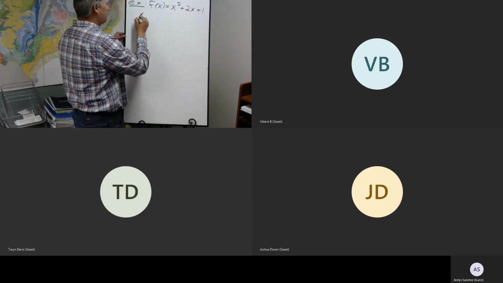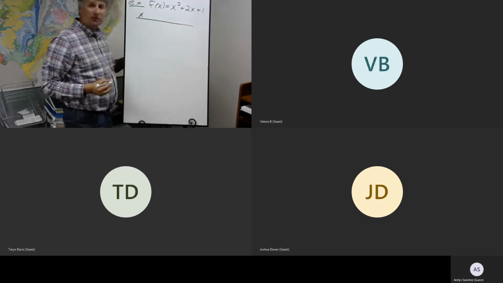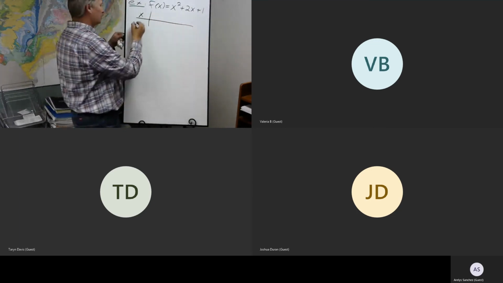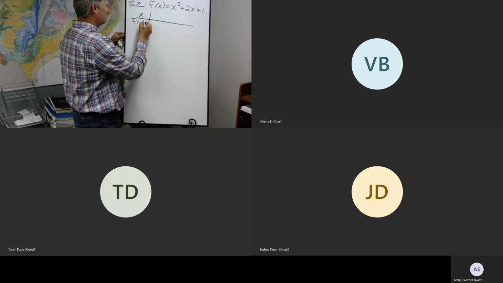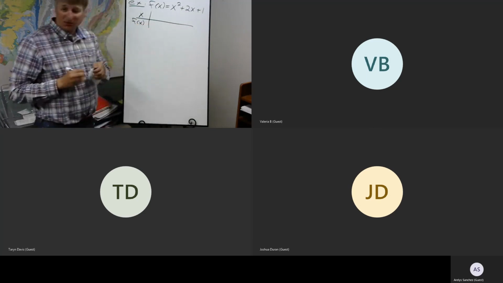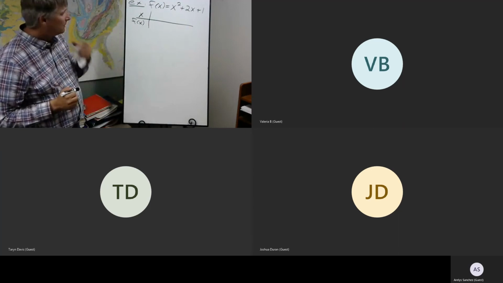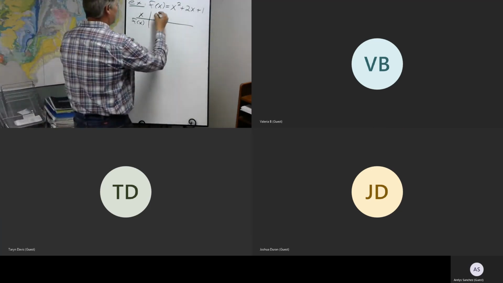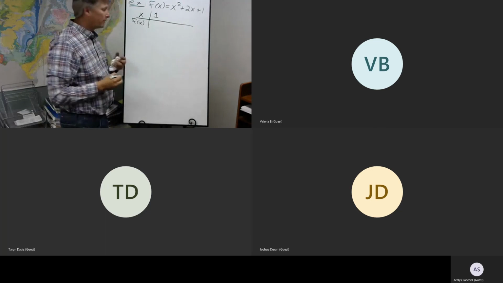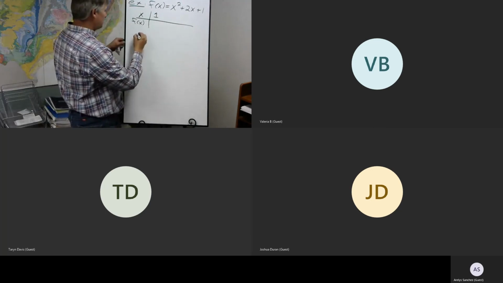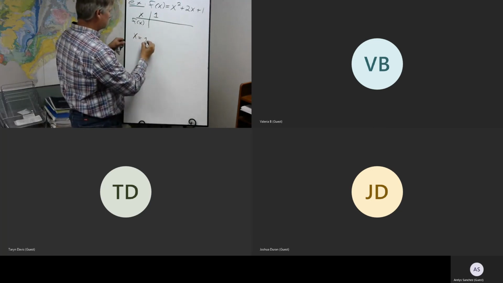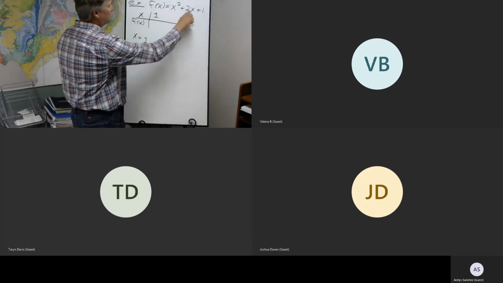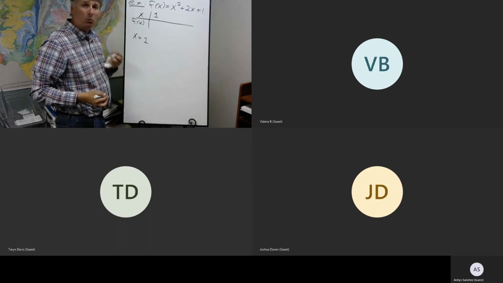And I want to choose some inputs represented by x, and we're going to compute some outputs represented by f of x. So first off, let's choose 1. Input of 1. So for x equals 1, our output is we'll take all these x's and replace them with 1.